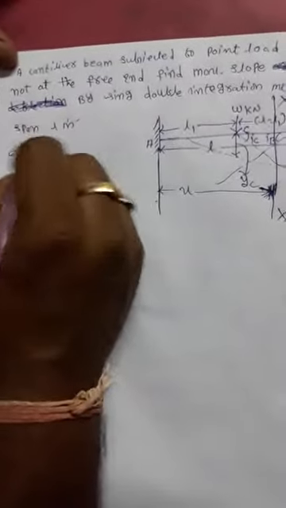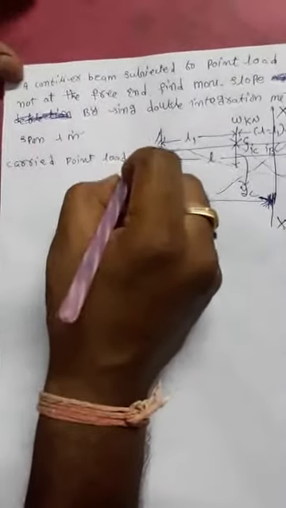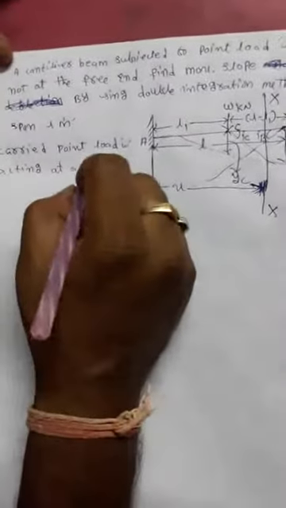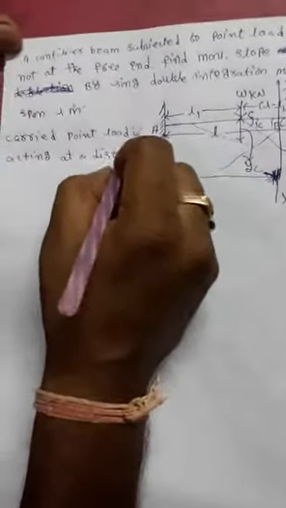The beam carries a point load W acting at a distance of L1 from A, where A is the fixed end.